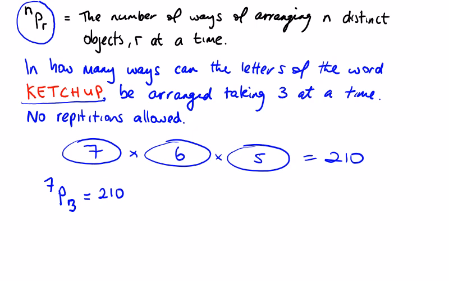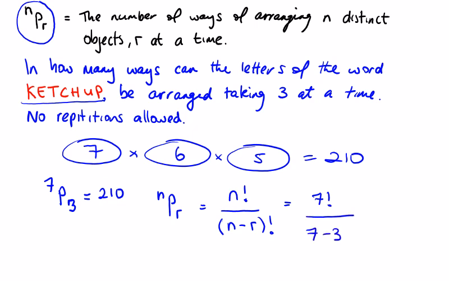So nPr is also a formula you may see. n objects, r at a time is equal to n factorial divided by n minus r factorial, which in this case will be 7 factorial divided by 7 minus 3 factorial, which is equal to 7 factorial over 4 factorial.